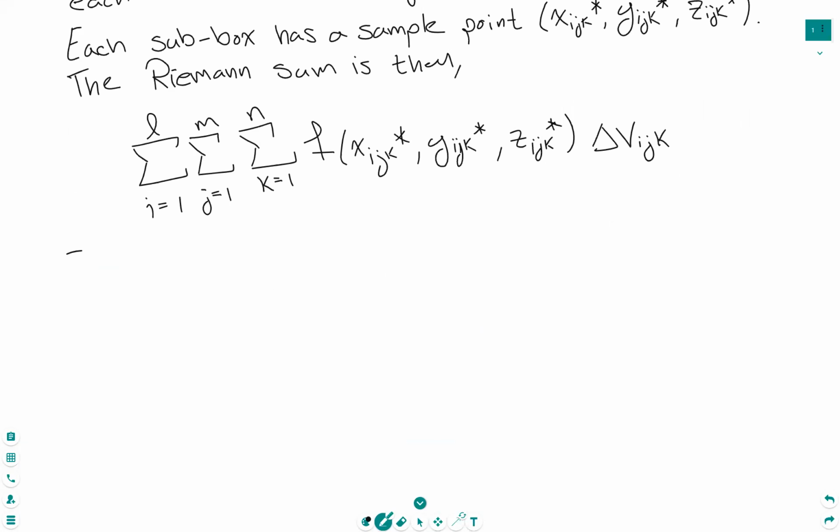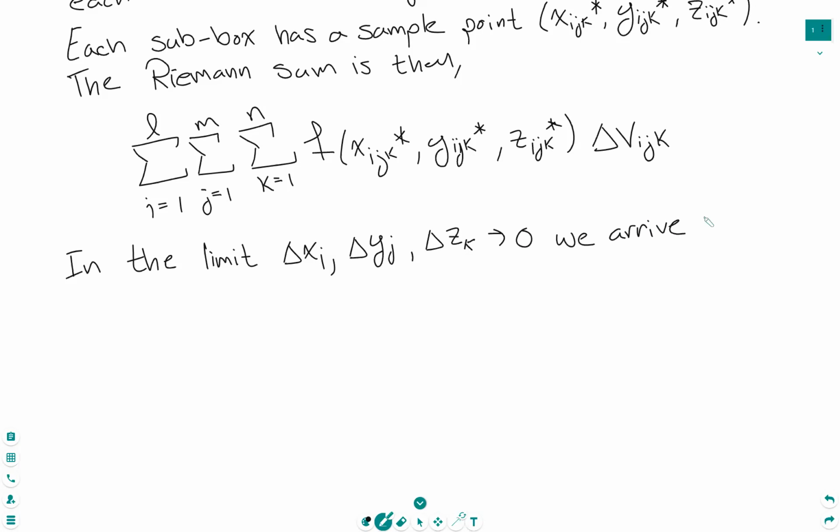So like we've seen before, in the limit that each length, width, and height of these boxes goes to 0, we arrive at the triple integral.